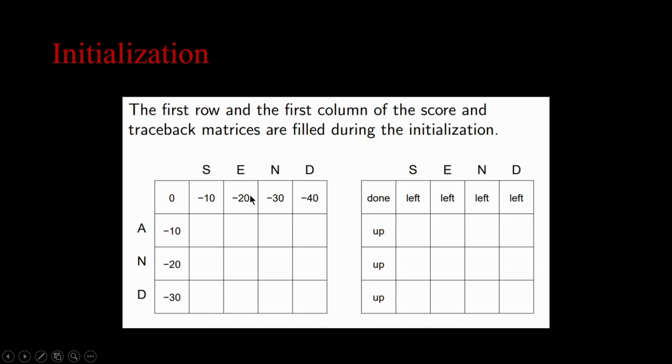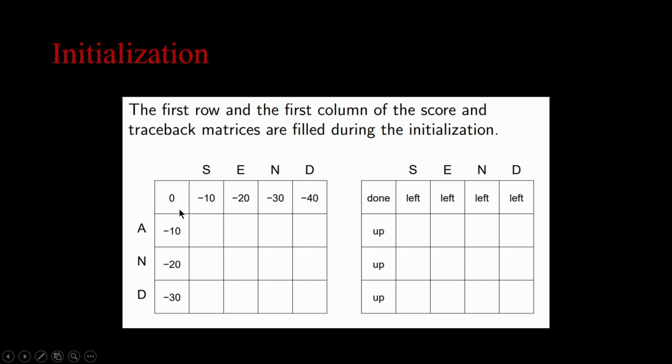For this cell, previous cell value -20 plus gap value -10 equals -30, and similarly for the last cell. Here also the same equation.